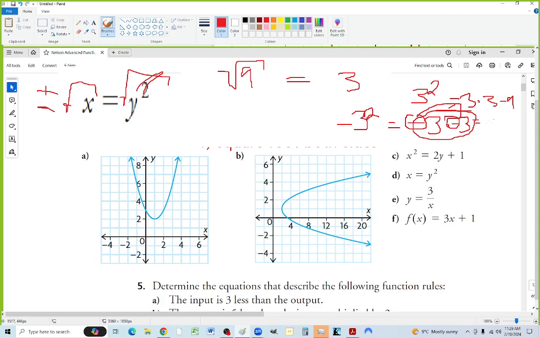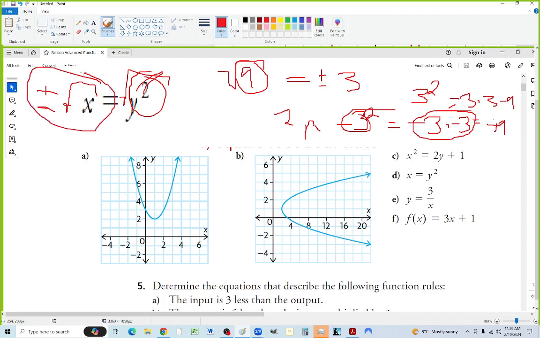Oh, sorry. Positive 9. Negative 3 squared and positive 3 squared both lead to 9. And that's why the square root of 9 is plus or minus 3. Because squaring a minus 3 gives us 9, and squaring a positive 3 gives us 9. So the square root of 9 has 2 possible answers. The square root of y squared has 2 possible answers.